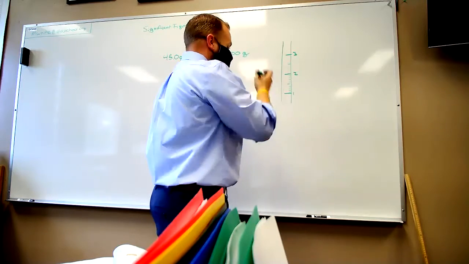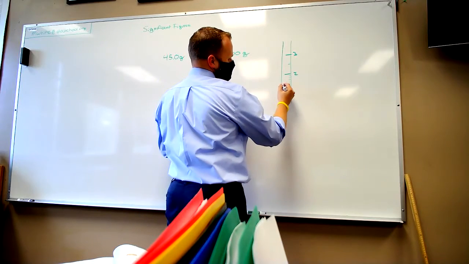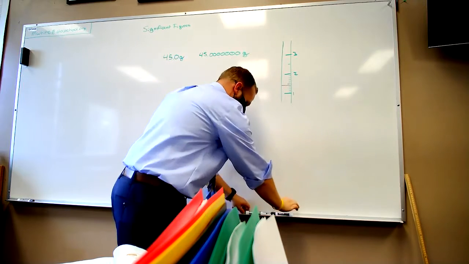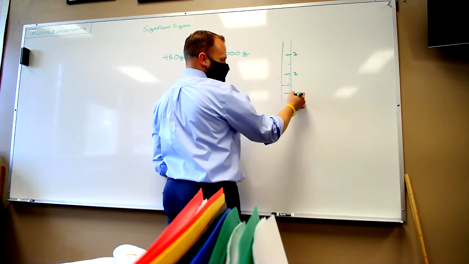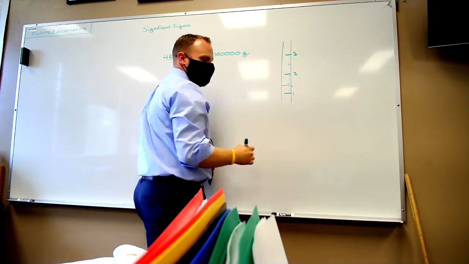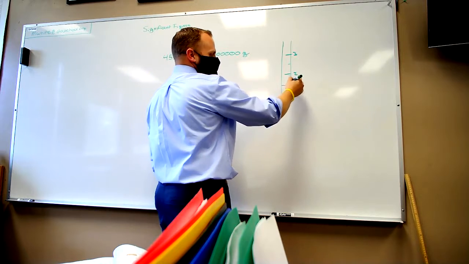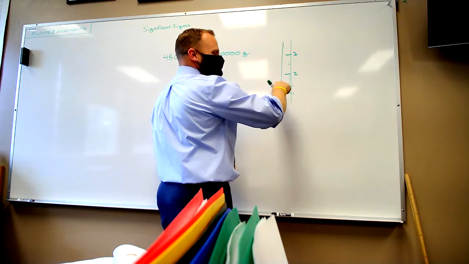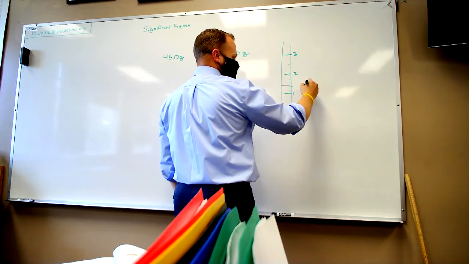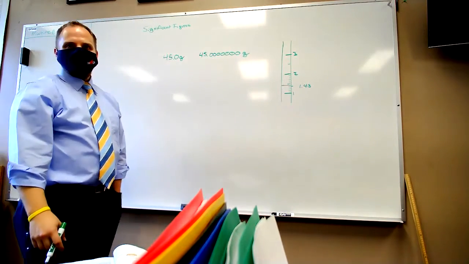Let's say what we're actually measuring goes to right there. We would say it's 1.4, so that line right there is 1.4. But we can see it's not exactly 1.4. So we would say it's 1.43.